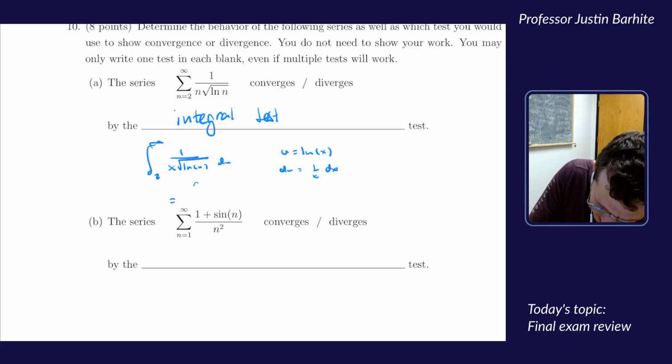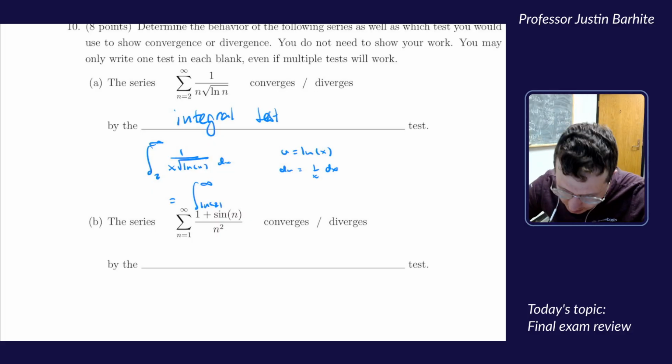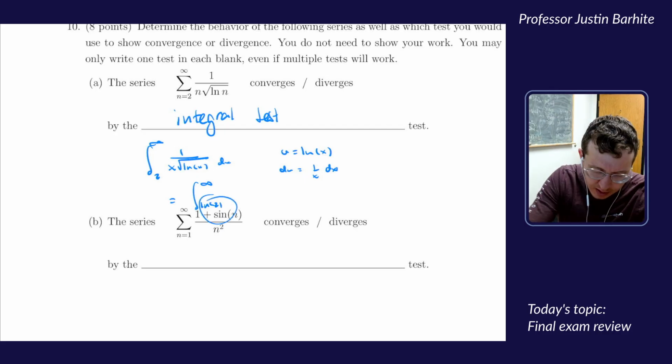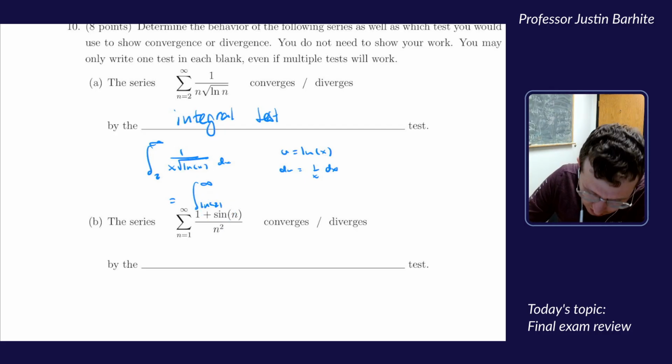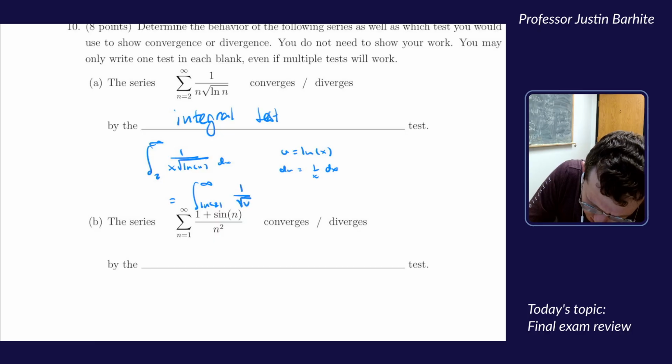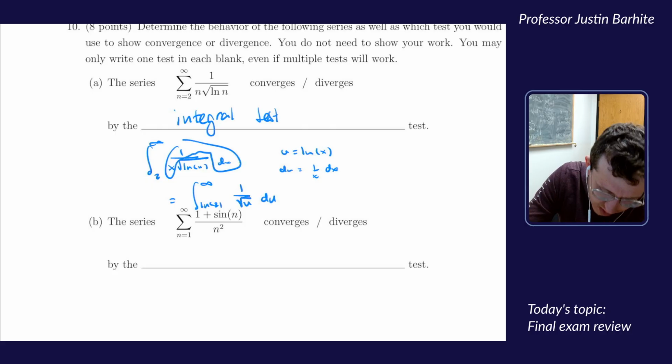So this is the integral from, okay, I do have to change the bounds. It doesn't matter for determining convergence, but let's just get the details right here. It does become the integral from ln of 2 to infinity of 1 over root u du, and the du is this 1 over x dx.